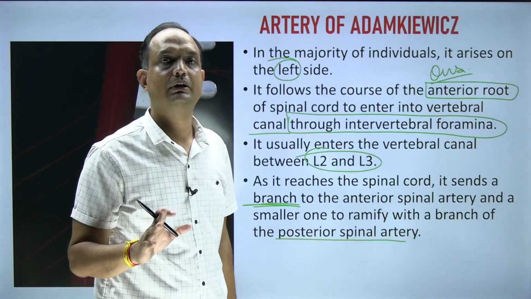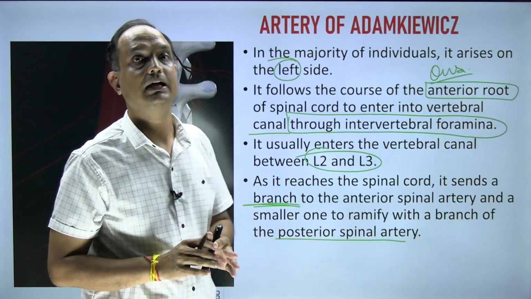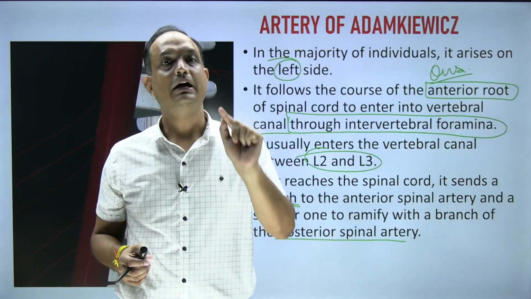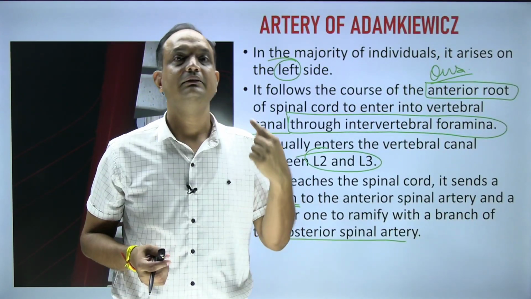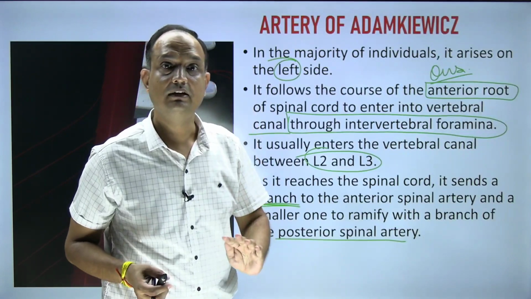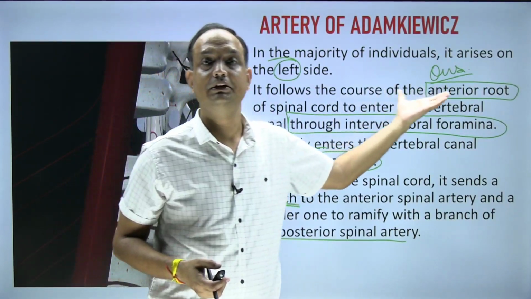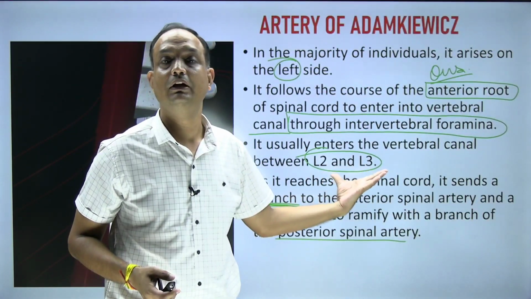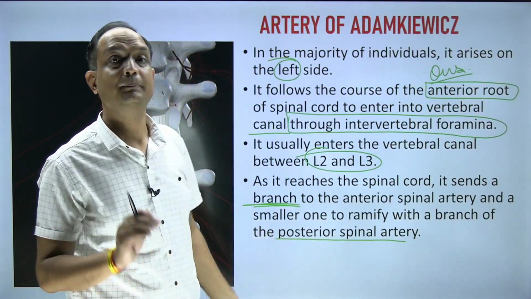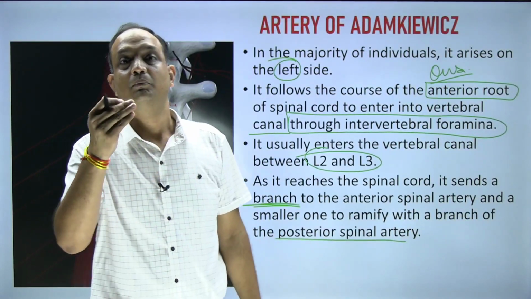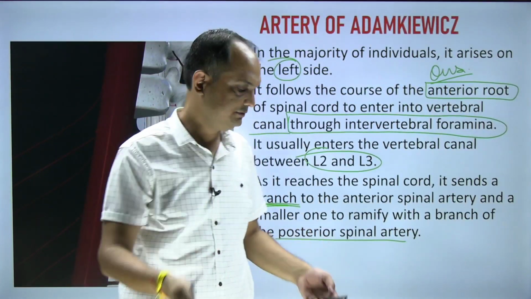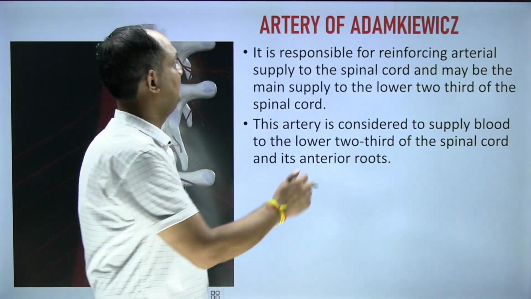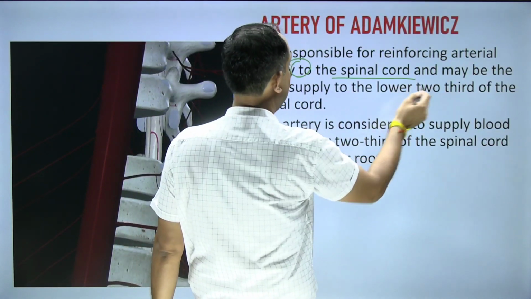So what we understand is that this is an anterior radicular artery, excessively large, generally arising on the left side, running along the anterior root of the spinal nerve, entering through the intervertebral foramen at L2, L3, and mainly supplying blood to the anterior spinal artery. So it reinforces the blood supply to the spinal cord.